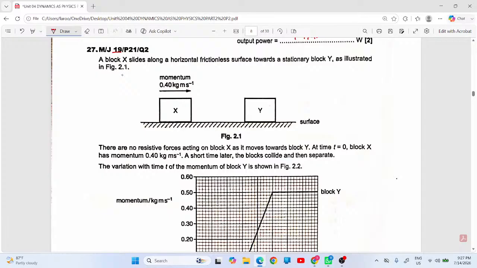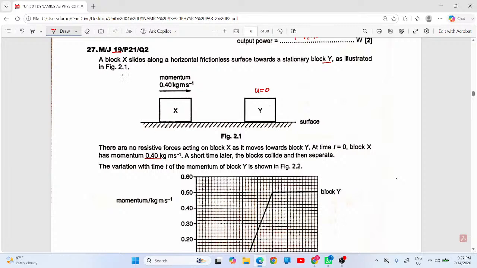A block X slides along a horizontal frictionless surface towards a block Y as illustrated in the figure. So one block is at rest; its initial speed is zero. There are no resistive forces acting on block X as it moves towards Y. At time t equals 0, block X has momentum.